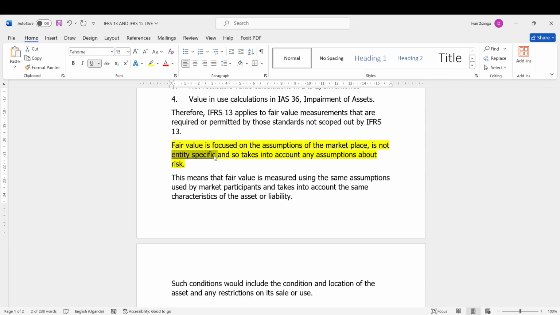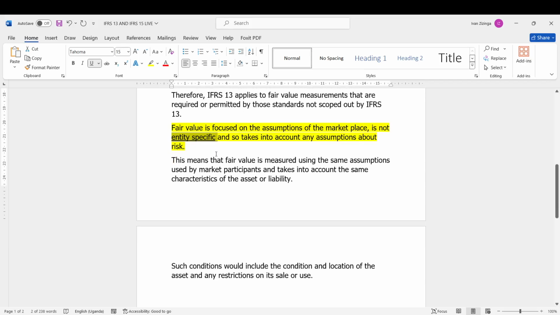So while you are assessing the fair value of your asset, make sure that you use the same assumptions that the market participants are using.